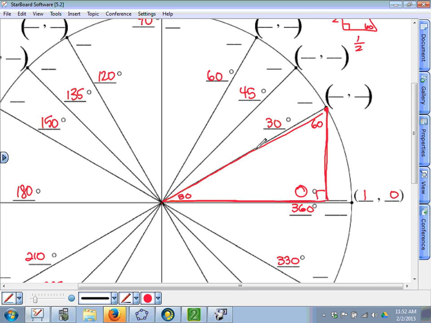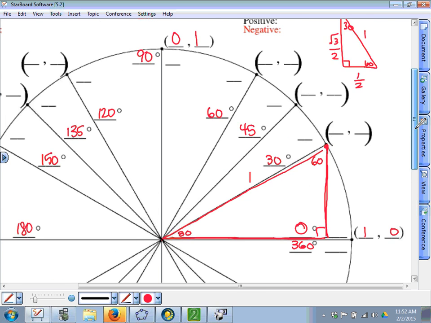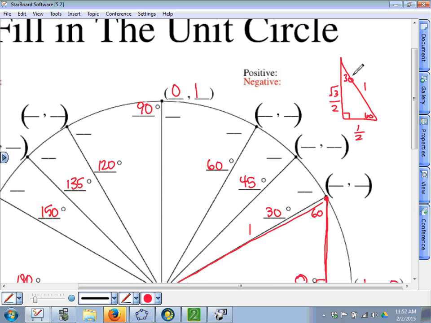Unit circle. And what's the radius of a unit circle? So don't I have to put a 1 right there? Because isn't this a radius? And the radius of a unit circle is 1. And is this the hypotenuse, yes or no? This is the hypotenuse? Yes.